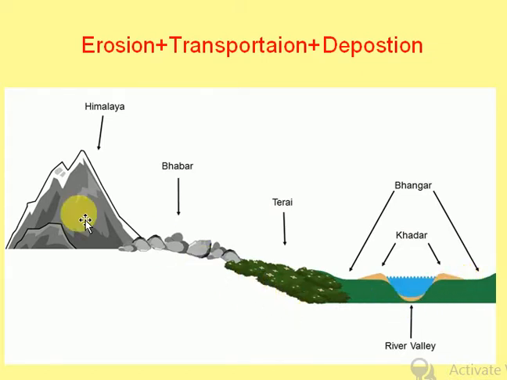So this is how the different processes are taking place due to the erosion, transportation and deposition of the river, and due to this activity all these areas have their own significance and importance. So right after Himalayas you have a Bhabar area, which are very fertile areas.